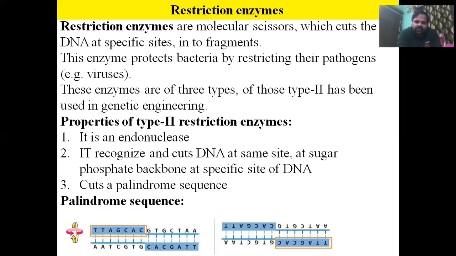The same sequence will come when we invert it. So it recognizes and cuts the palindrome sequence.